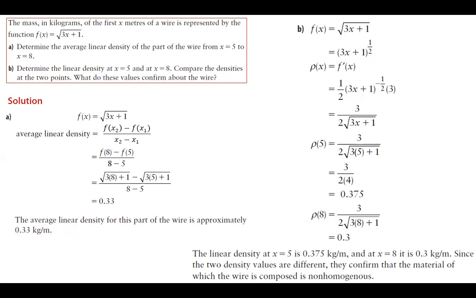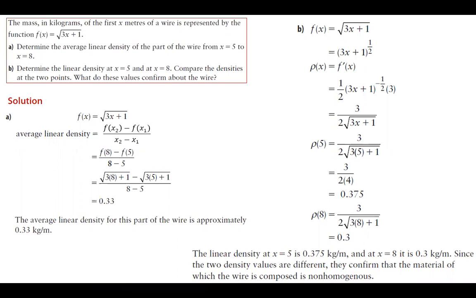Then in order to find rho(5), simply put x equals 5 into f prime(x), which gets us 0.375. And the density at x equals 8, you can just insert x equals 8 into the linear density function. This gives us rho(8) equals 0.3.